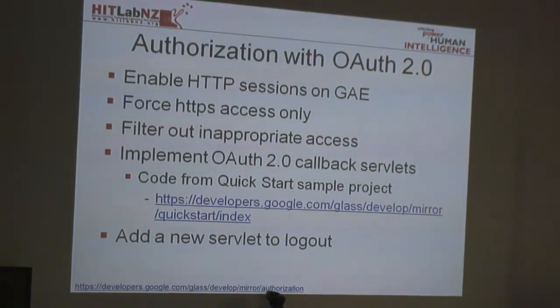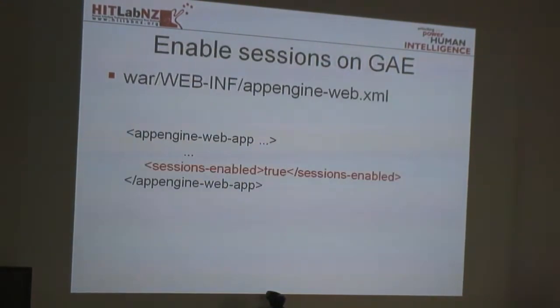So it's better to force HTTPS access only and then filter out inappropriate accesses. That's creating the filter. And you implement this with servlets, and also probably adding a new servlet to log out. So I'll show you how to do it one by one.